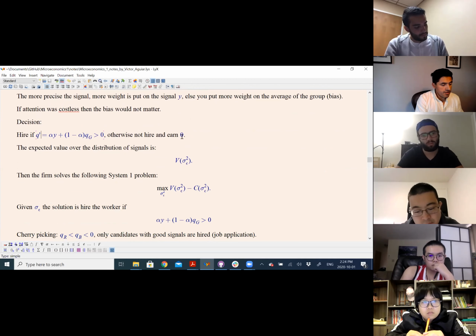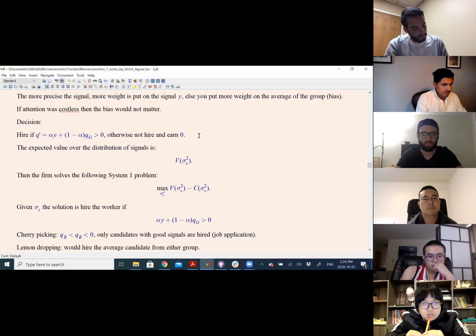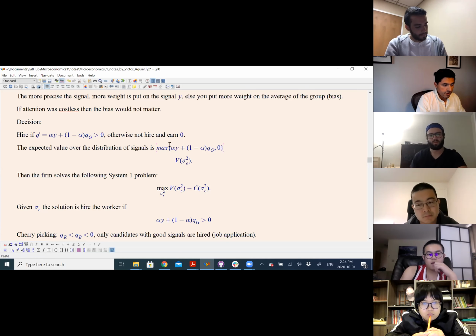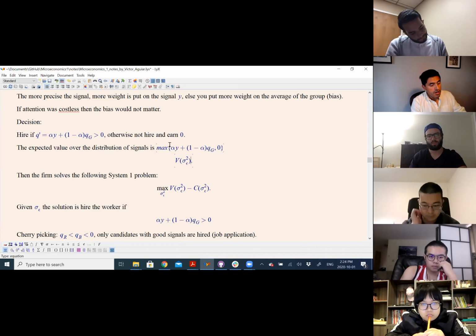So the expected value of the signal is the max of this quantity versus 0. The alpha depends on the sigma epsilon. So this is the value of sigma epsilon, okay?